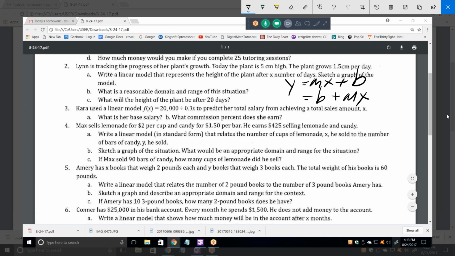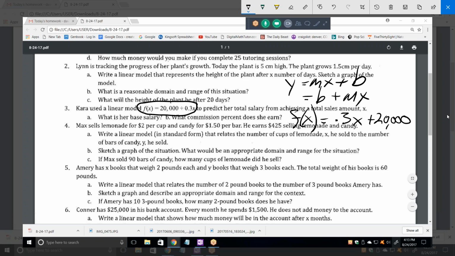A plus b is always equal to b plus a. So the fact that they've given it to us backwards really doesn't matter. I can take that and say f of x, I'll put it back in the original format, which is 0.3x plus 20,000. That's her salary.